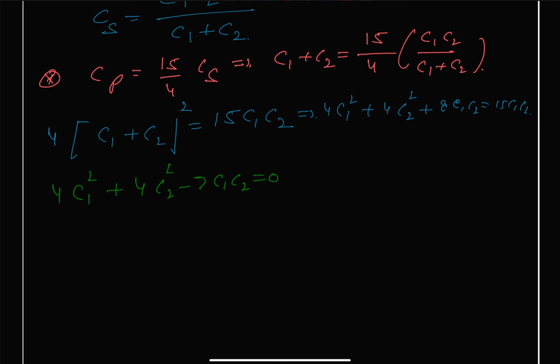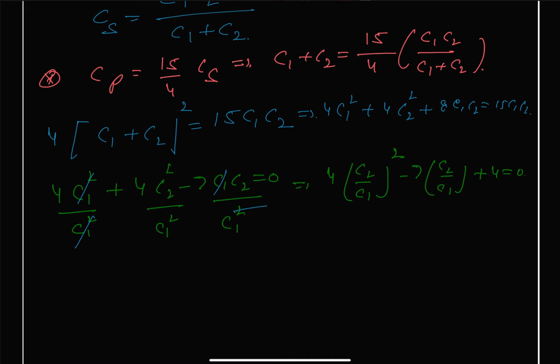Okay, let's divide the entire equation by C1 square. So C1 square cancels out here, and we get from here that we can write this as 4 (C2 by C1) whole square minus 7 (C2 by C1) plus 4 is equal to 0.